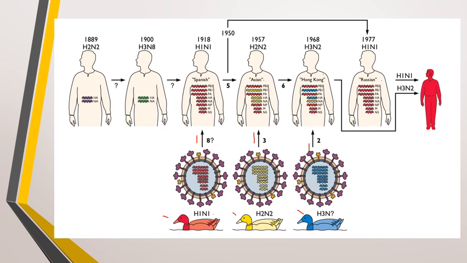And we can usually track them to some kind of conversion from an animal influenza that was able to develop the ability to infect humans. And you can see that in these three cases, the 1918, the 1957, and the 1968 outbreaks.